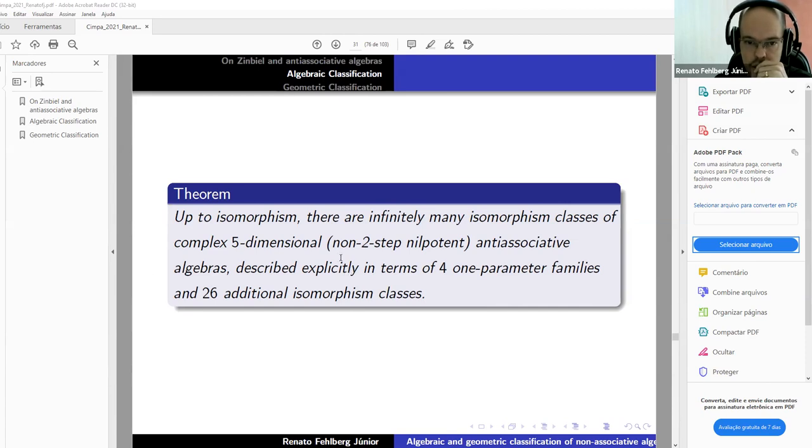And the result is that the complex 5-dimensional non-two-step nilpotent antiassociative algebras can be described by 4 one-parameter families and 26 additional isomorphism classes. And this is the first part, that is the algebraic classification.